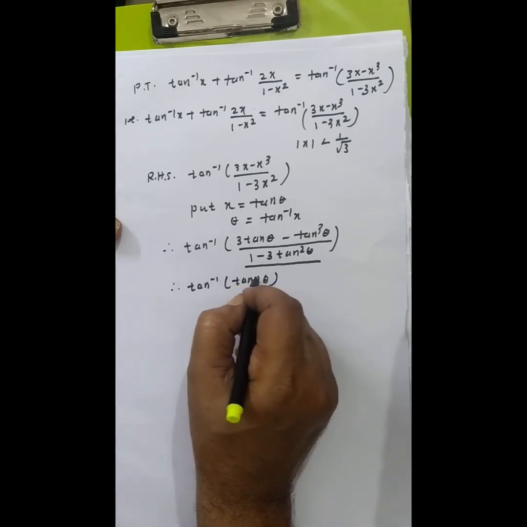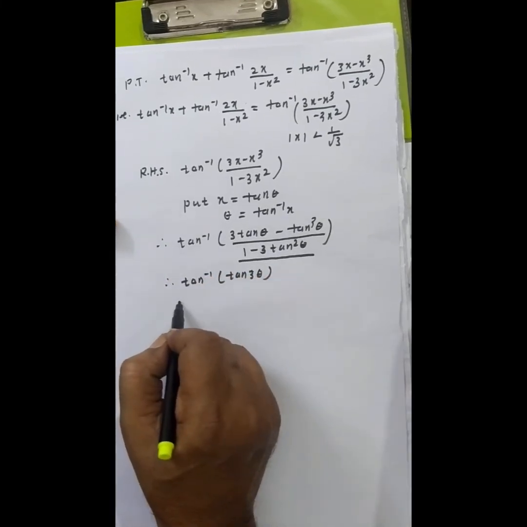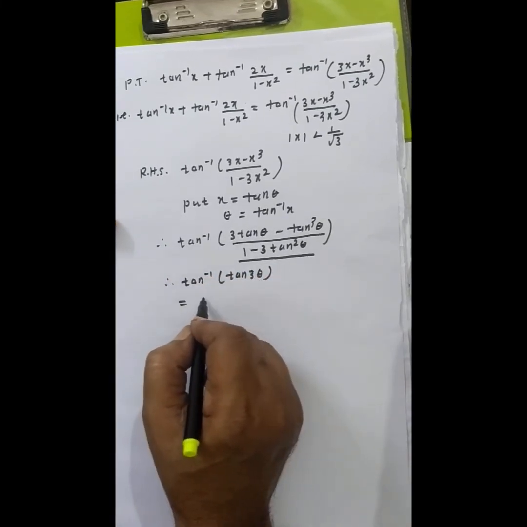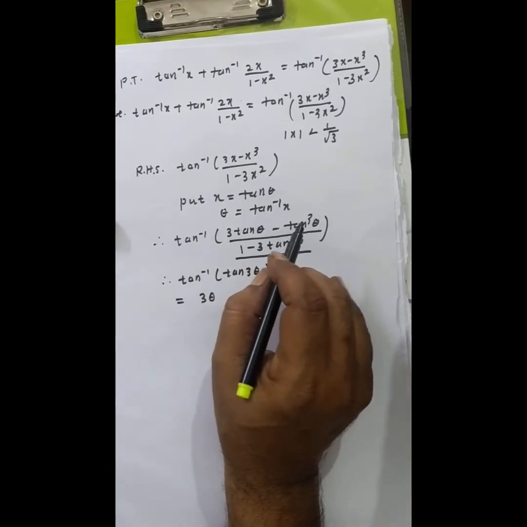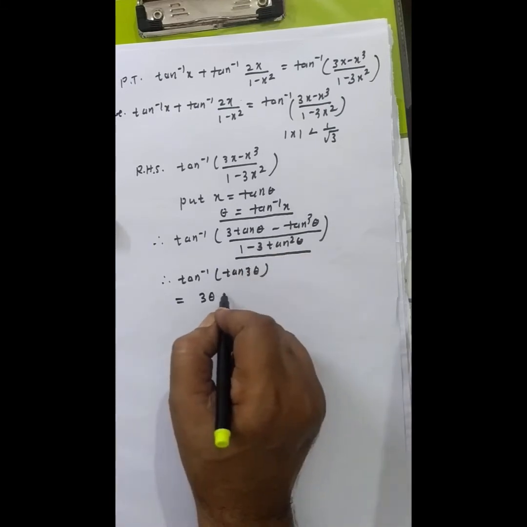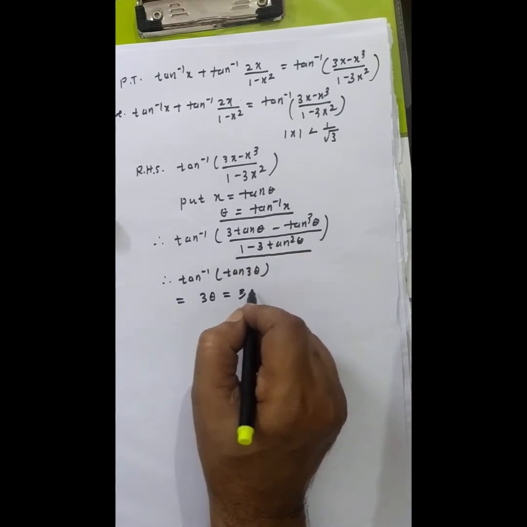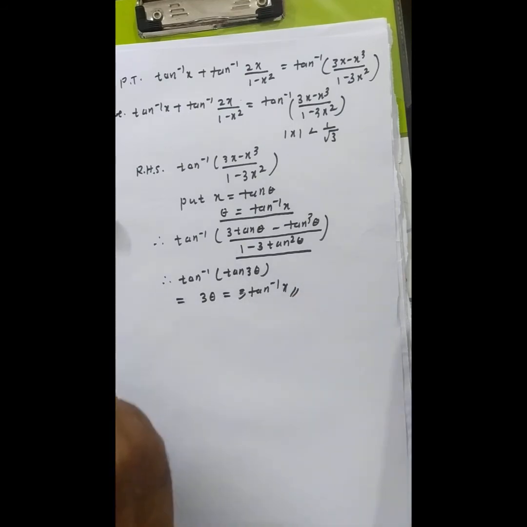Now, this is like tan inverse of tan y. Tan inverse of tan y is y. So, this becomes 3 theta. But what is theta? Theta is tan inverse of x. This becomes 3 times tan inverse of x. But this is not your LHS.